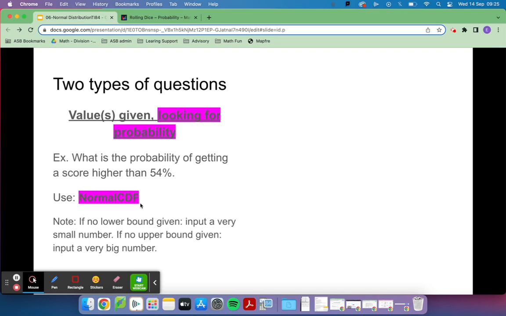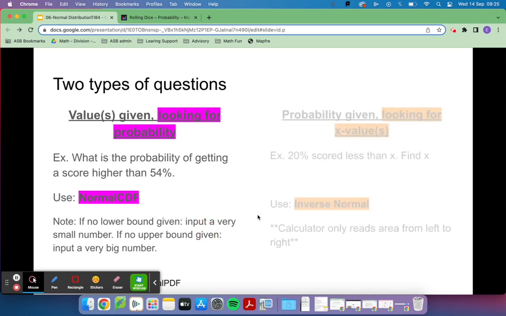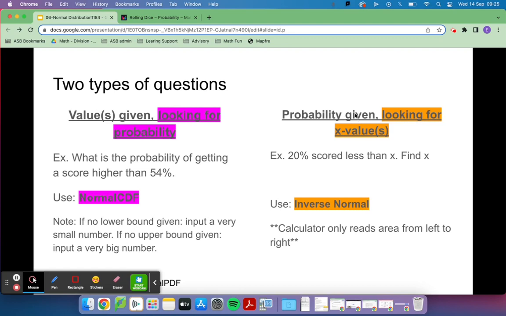The second type of question is when you're given the probability, but you're looking for a specific X value. For example, you're told 20% scored less than a certain value. Find this value. In your calculators, you're going to be using what's called inverse normal.